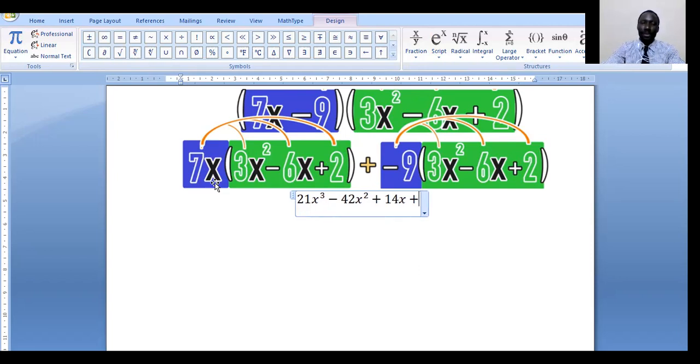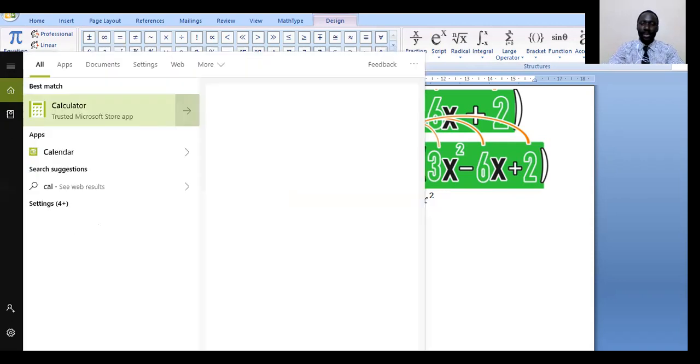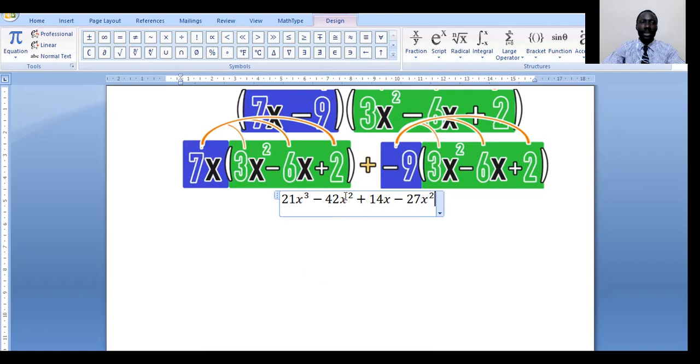Then 9 times 3. Now 9 times 3 is 27, but notice that it's negative. Then now 27x squared. Then the next thing is 9 times 6. Well, 9 times 6 is a little bit difficult for me to guess. It could be 54 or something like that, but you could check with a calculator.